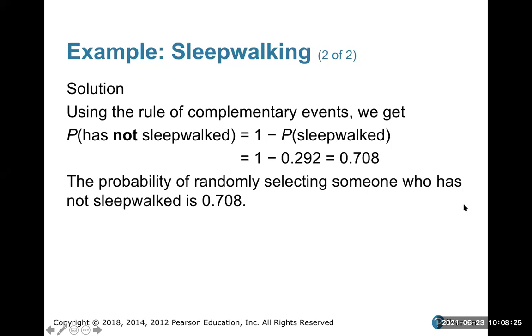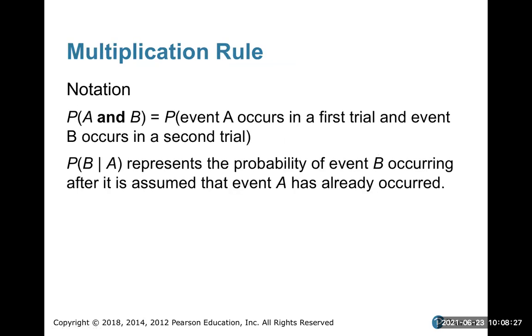Okay. Probability of event A and B. We show it by P of A and B. And then look at this notation here. The next one is the probability of B given A. This line means given.